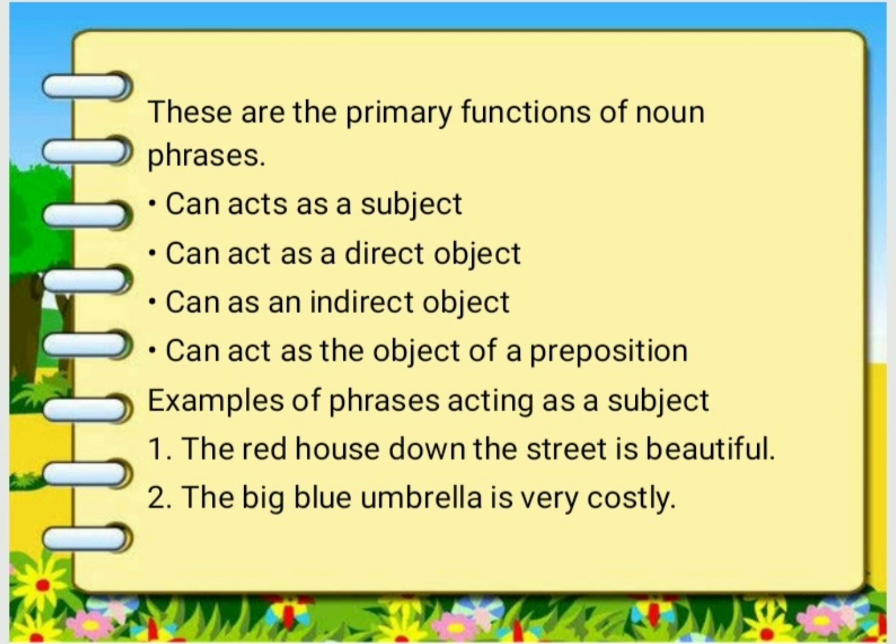In that example, the big blue umbrella is our noun phrase because big blue modifies or describes the noun umbrella. At the same time, the big blue umbrella acts as the subject of that sentence.